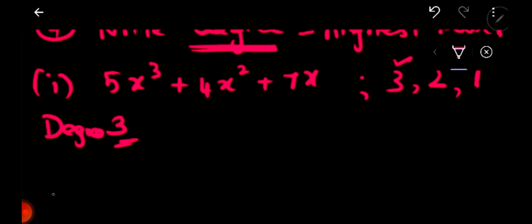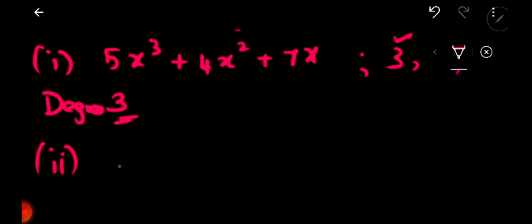And the second one, 4 minus y squared. It has two terms now. 4 is one term, the other term is minus y squared. The first term 4 we can write as 4y to the power 0.